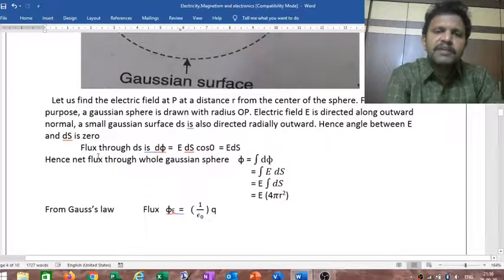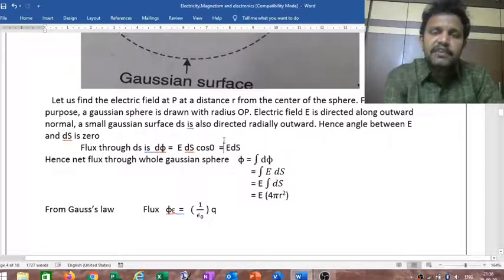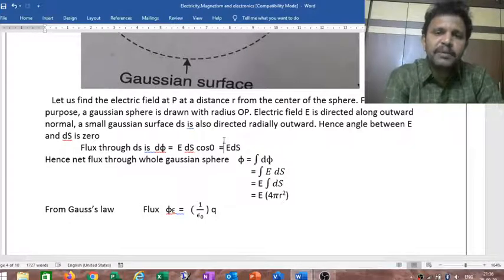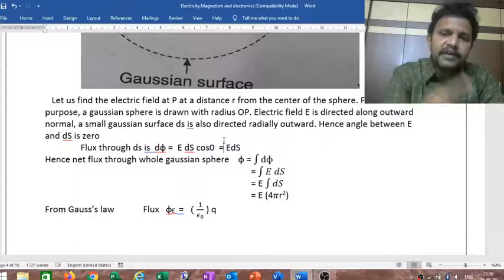So from the definition, the flux through ds area is d phi is equal to E ds cos theta, that is E ds cos 0. As we know, cos 0 is 1, electric flux d phi is equal to E ds. What is this E ds? Electric flux through ds area. But our target is to determine electric flux through entire Gaussian sphere.